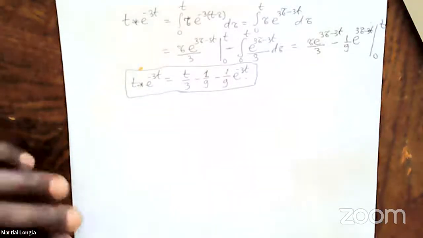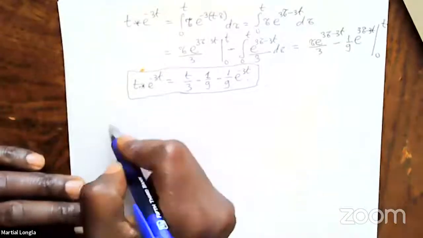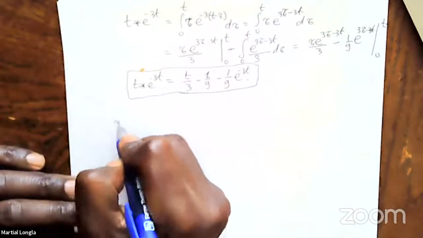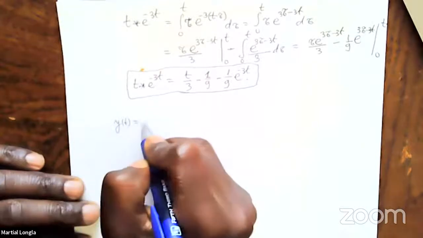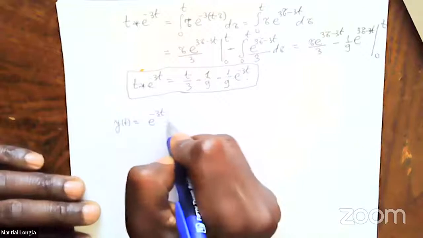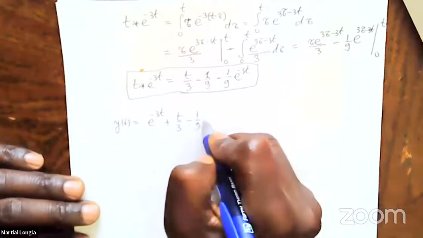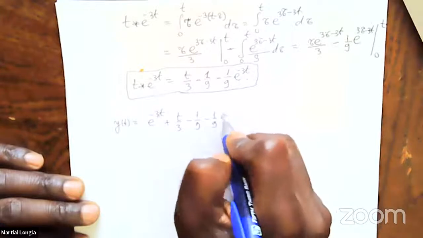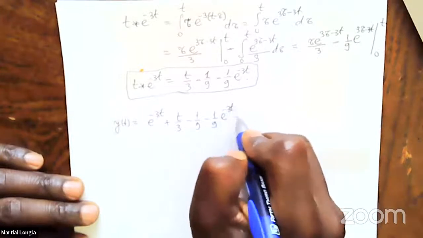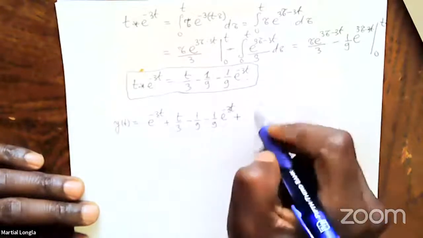And so you're going to take that function, replace t by t minus 1. So the answer to the problem is e to minus 3t plus t over 3 minus 1/9 minus 1/9 e to the minus 3t plus this same function in which you replace t by t minus 1.